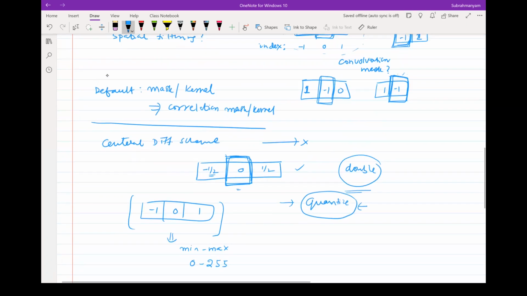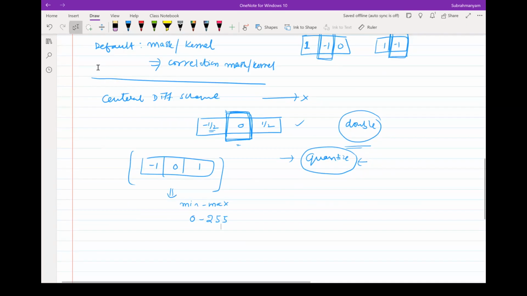Okay, so it is not difficult for you to realize that your min value, if you are applying this central difference scheme, can be negative also, is it not? Because when you are computing it, consider the case at this pixel. Let's say I have 100, then here I have 120, here I have 200.